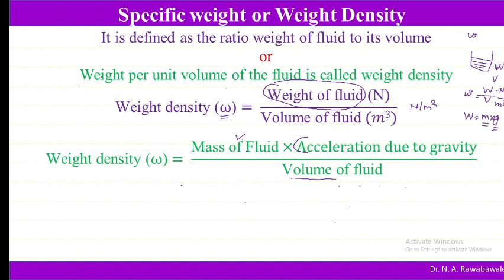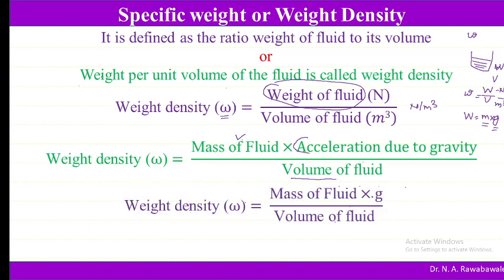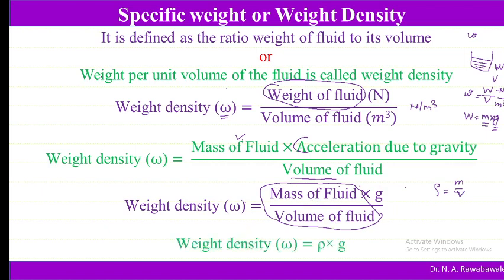Therefore, weight density is equal to mass of fluid into g divided by volume of fluid. But we know that mass of fluid divided by volume of fluid is nothing but mass density, which is represented by rho, that is, rho is equal to m divided by v. So replacing this by rho, we get weight density is equal to mass density into acceleration due to gravity.